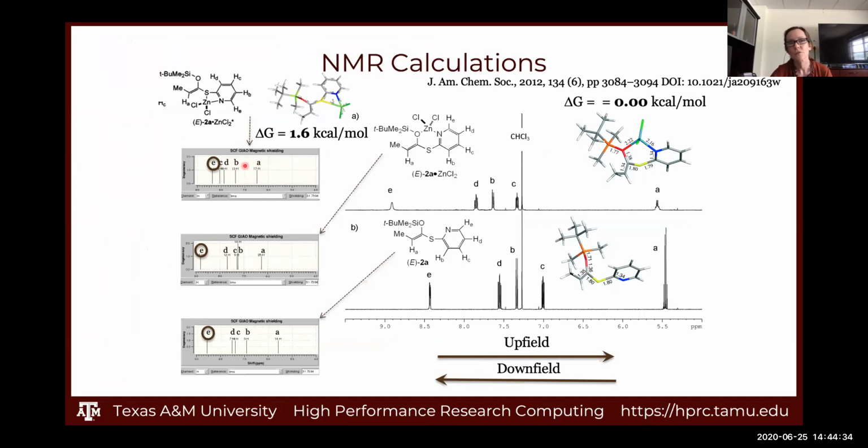This was just an illustration: this was the proposed structure based on literature, but the NMR of that proposed structure was not consistent with what they had experimentally. This molecule, which was lower in energy, was actually consistent with their NMR spectra. So between the energy and the consistency with the NMR spectra, you were able to resolve what the configuration of the species actually is.